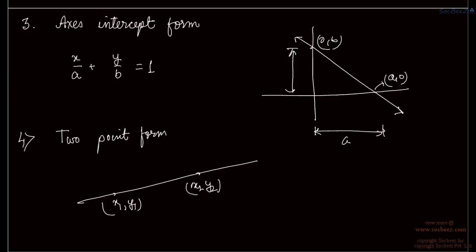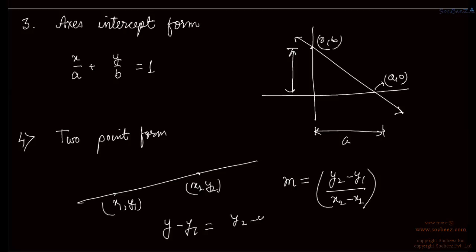So one can first find the slope of this line passing through these two points, that is the slope can be given as (y2 minus y1) upon (x2 minus x1). Okay, and hence we can write the equation y minus y1 is equal to m, which is nothing but (y2 minus y1) upon (x2 minus x1) times (x minus x1).